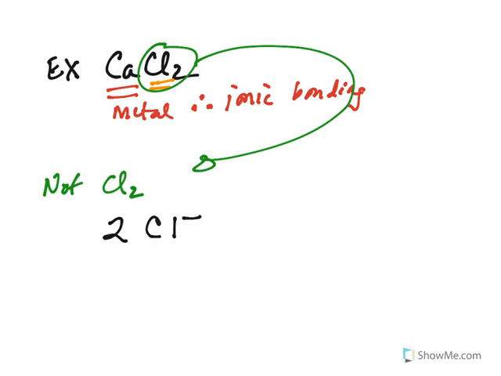So we have two chloride anions, each with a -1 charge, and that's what's represented in this formula here. So it's not Cl2, it's two individual chloride anions. So just keeping the difference then, covalent bonds are electrons being shared, and we've looked at some examples of elements that also have covalent bonds.